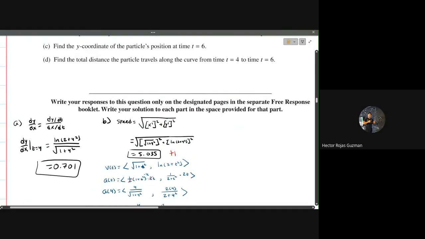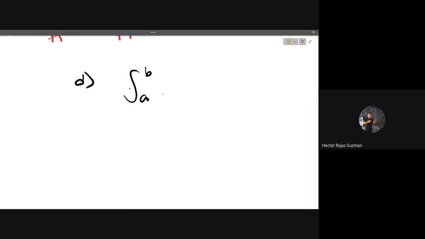Do you know your formula for total distance when dealing with parametrics? Basically, you're just integrating speed, dt.